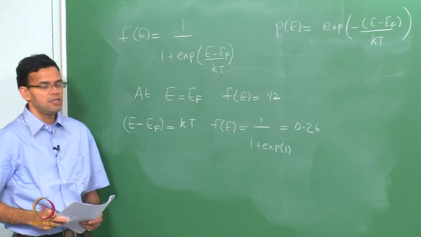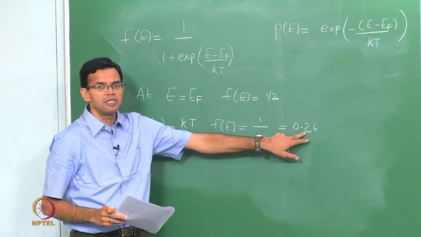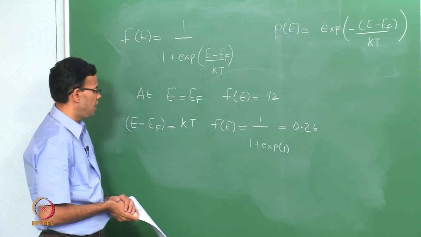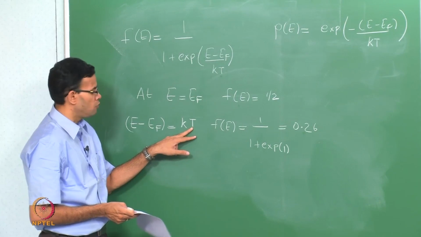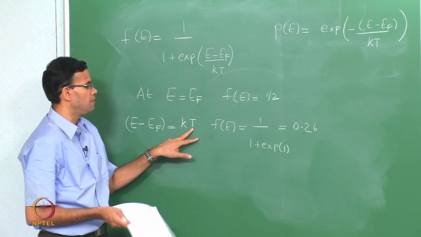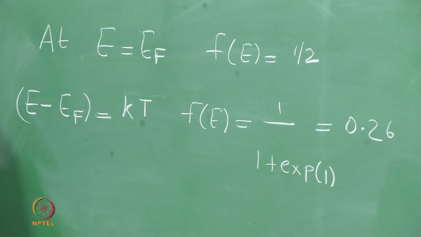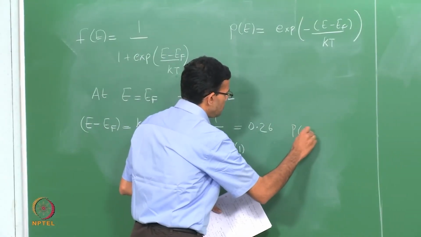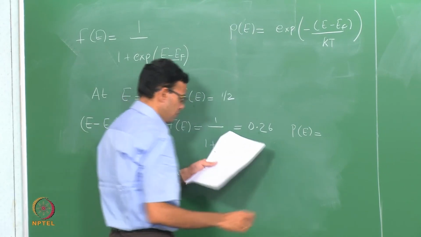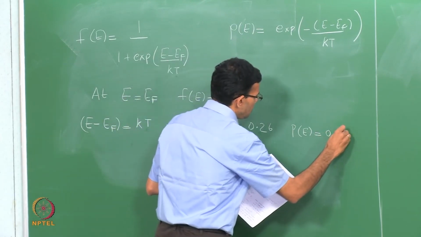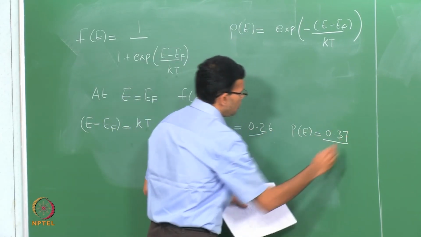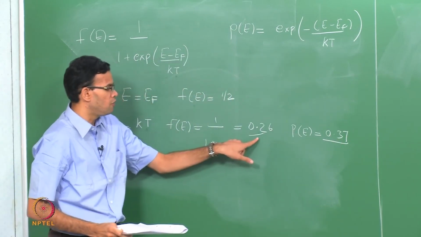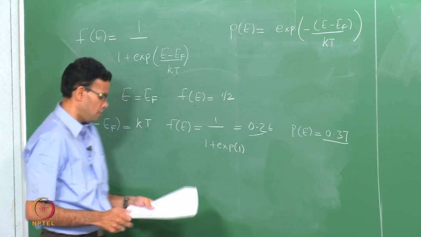What this number means is that there is a 26% chance for an electron to occupy an energy state kT, or 25 milli electron volts at room temperature, above the Fermi energy. P of E for the same value is 0.37. So, trying to approximate the Boltzmann function for the Fermi function is not good here.